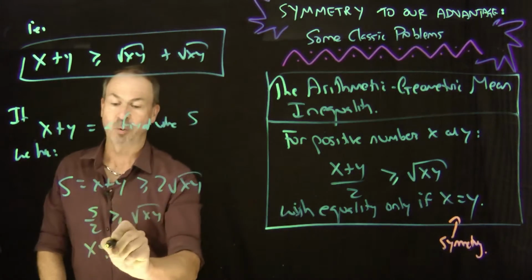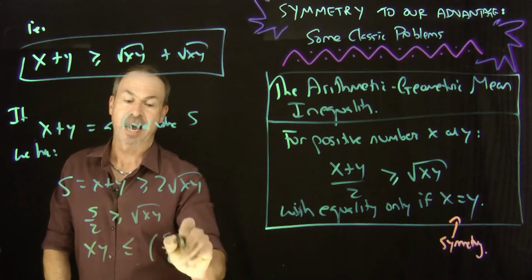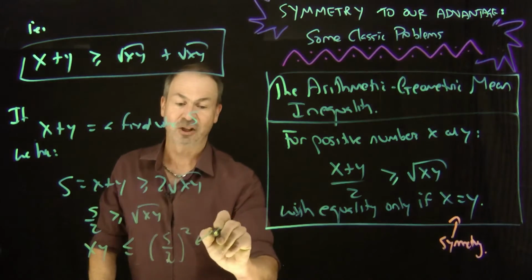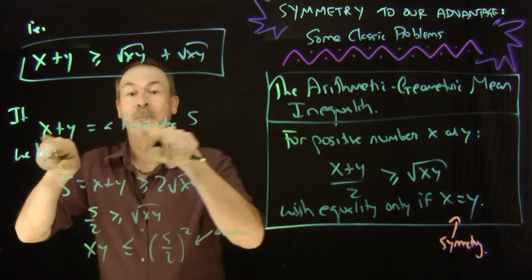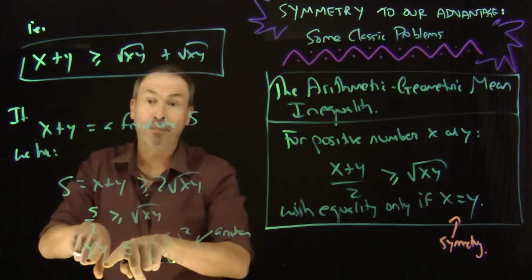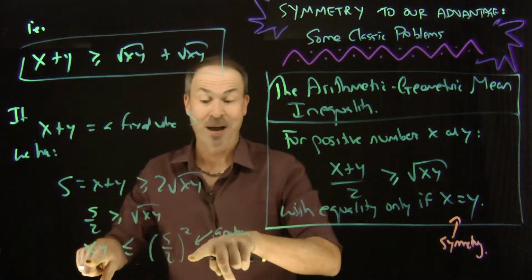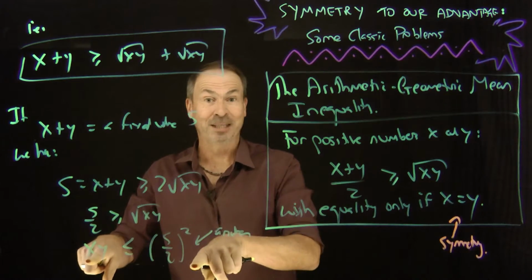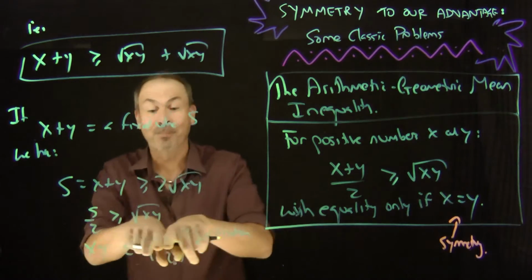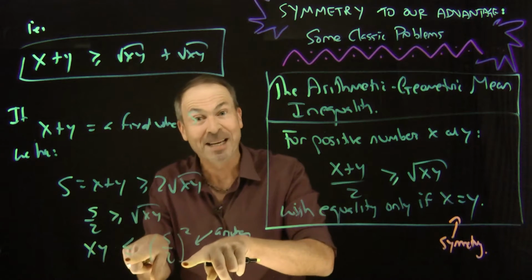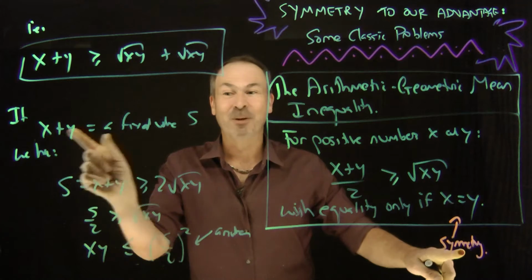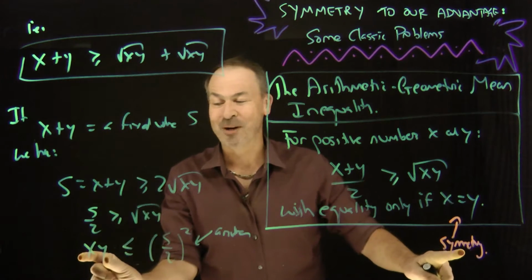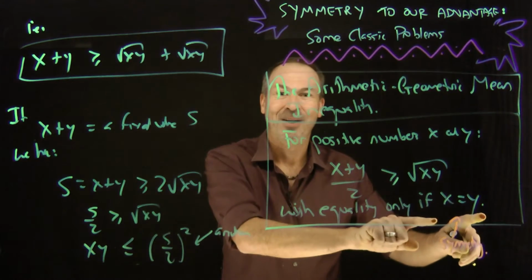It tells me that xy, the product, is always less than this thing. That thing is just a number. So if you've got two unknowns but with a fixed sum, then that product is always bounded by some upper bound, whatever that number is. And we know we'll get that biggest product possible when we have equality here. That is when we have symmetry. Two numbers with a fixed sum have biggest product when we have symmetry.